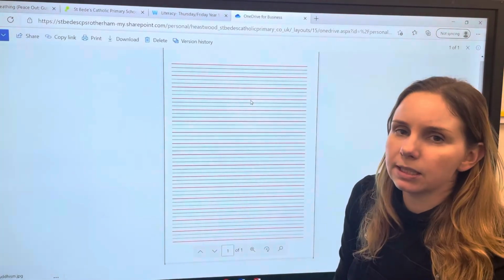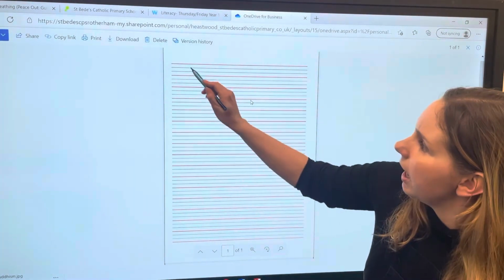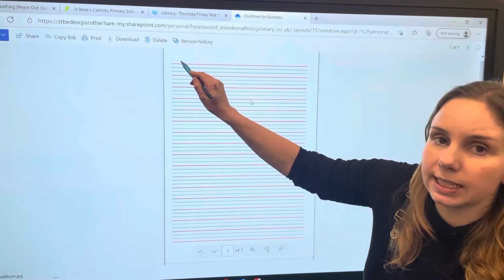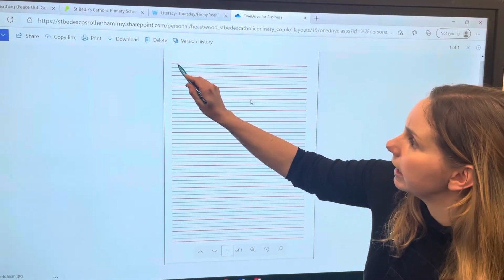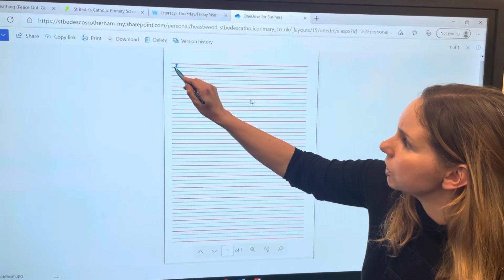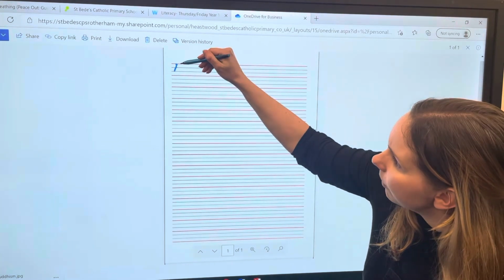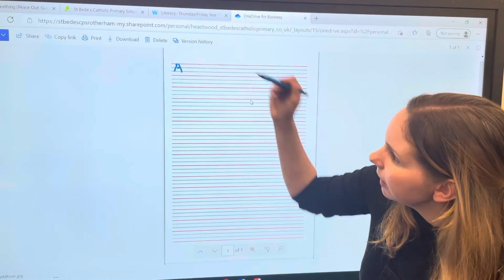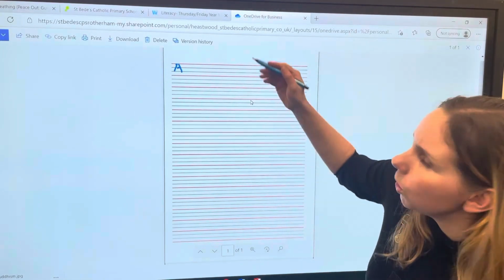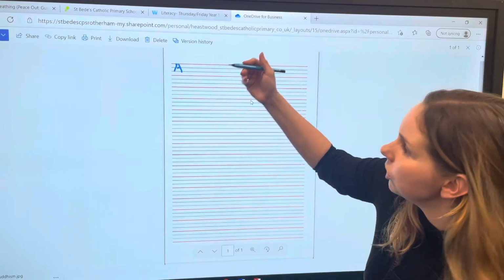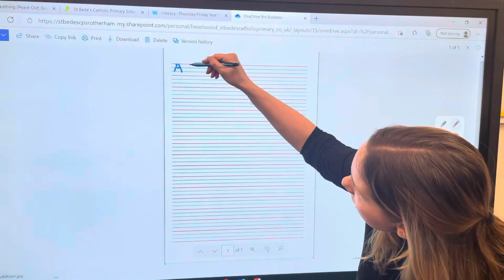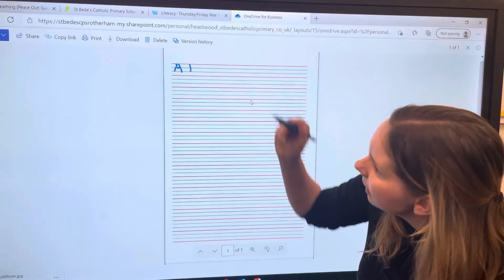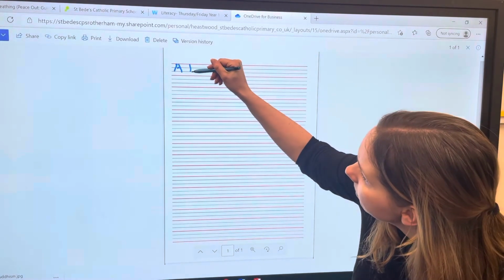Just a point, more so for the adults, red lines: we start a capital letter at the top of the red line, and then the letter would stop at the bottom grey line. So A would go much neater than I have there, but like that. Tall letters like L and H and D's and B's would start at the top red and then end at the bottom there.